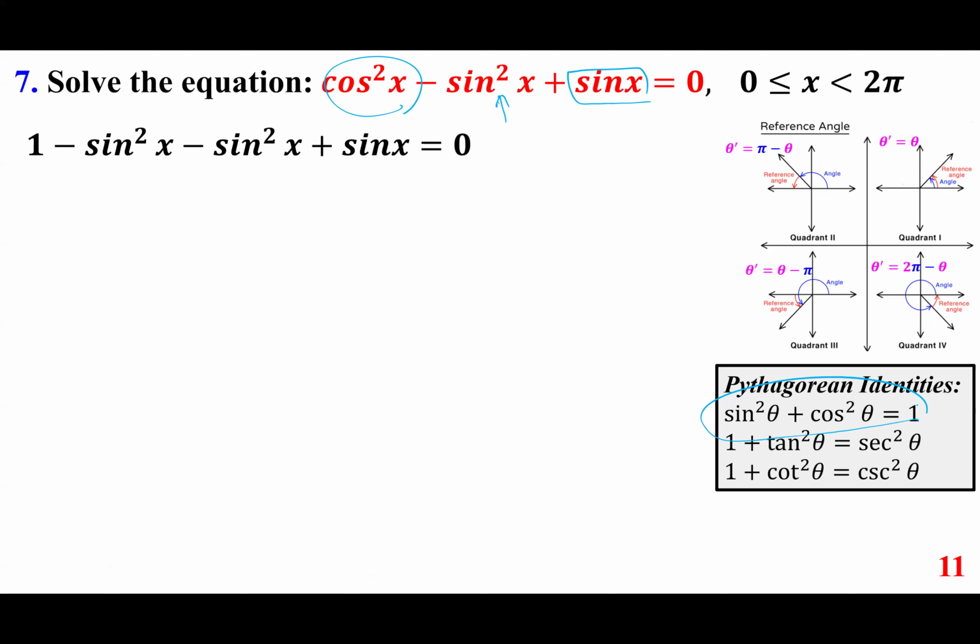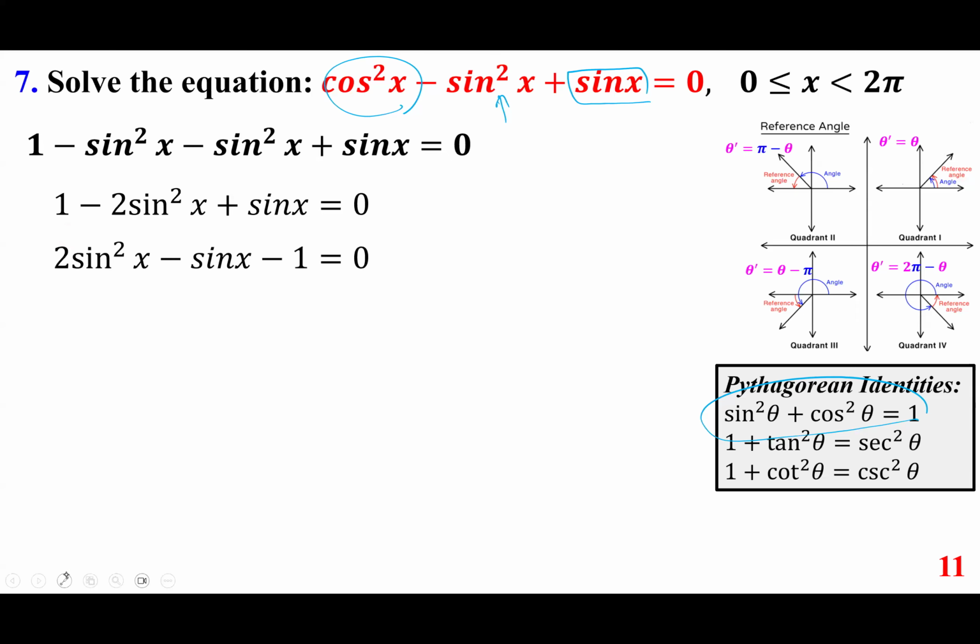So 1 minus 2 sine squared plus sine x. We want this one to be positive and in descending order. So you can multiply everything by negative or take them to the other side. This becomes positive, this becomes negative, this becomes negative. The reason we do that is so we are ready to do the factoring.